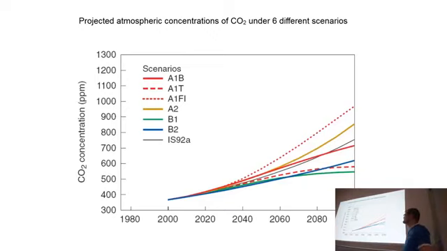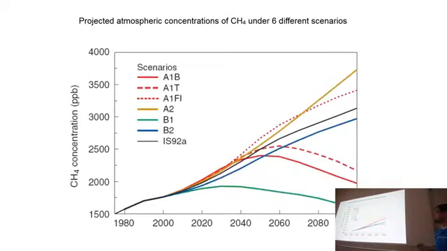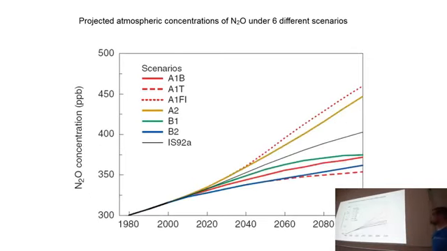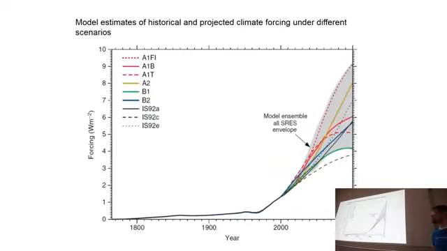We model those for each of the climate relevant gases: CO2, methane, and I think also nitrous oxide. Those are all predicted to go up into the future. And from those, we're able to produce a radiative forcing going off into the future, adding up effectively all of those greenhouse gases.